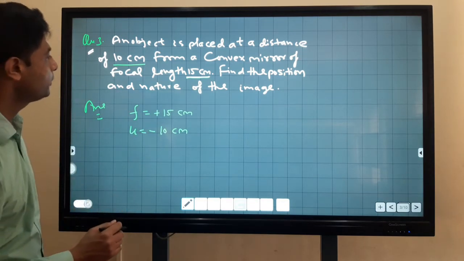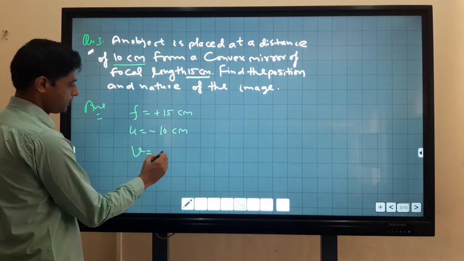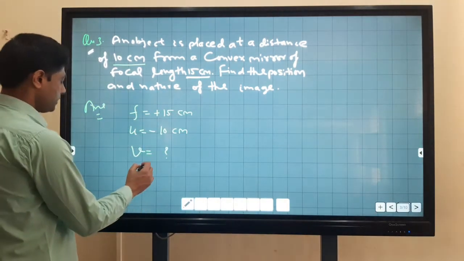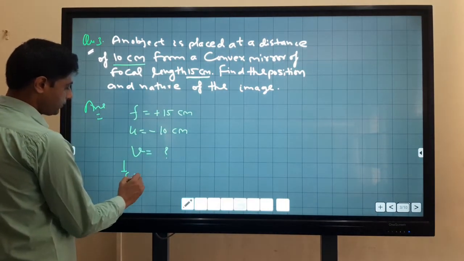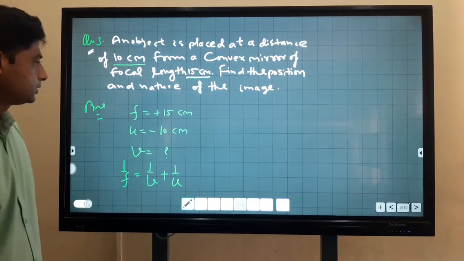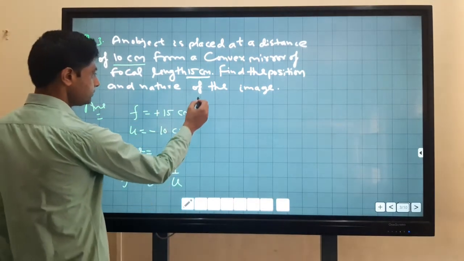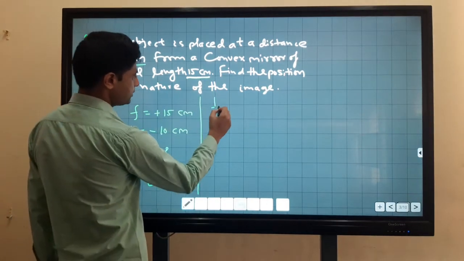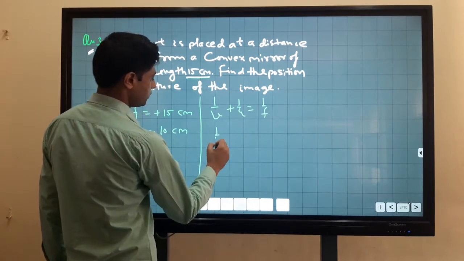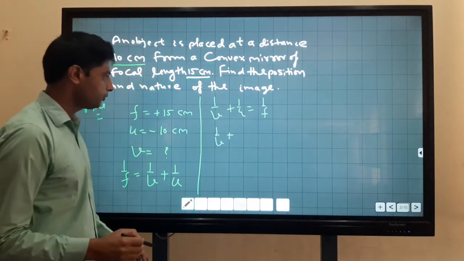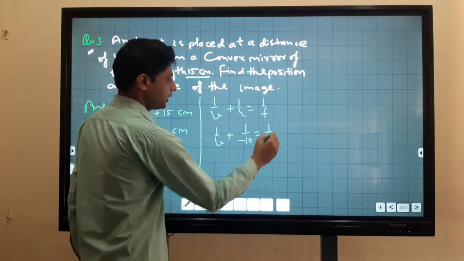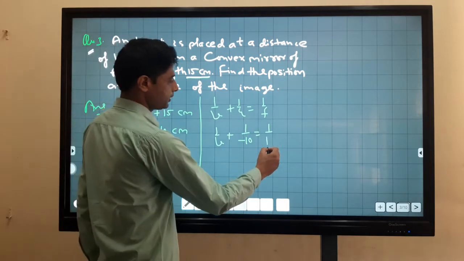Now we have to find the position of the image, V. So as you know, the mirror formula: 1 upon F equals 1 upon V plus 1 upon U. That is the mirror formula. So we can take this as 1 upon V plus 1 upon U equals 1 upon F. So 1 upon V, the value of U is minus 10 centimeter and the value of focal length is 15 centimeter.